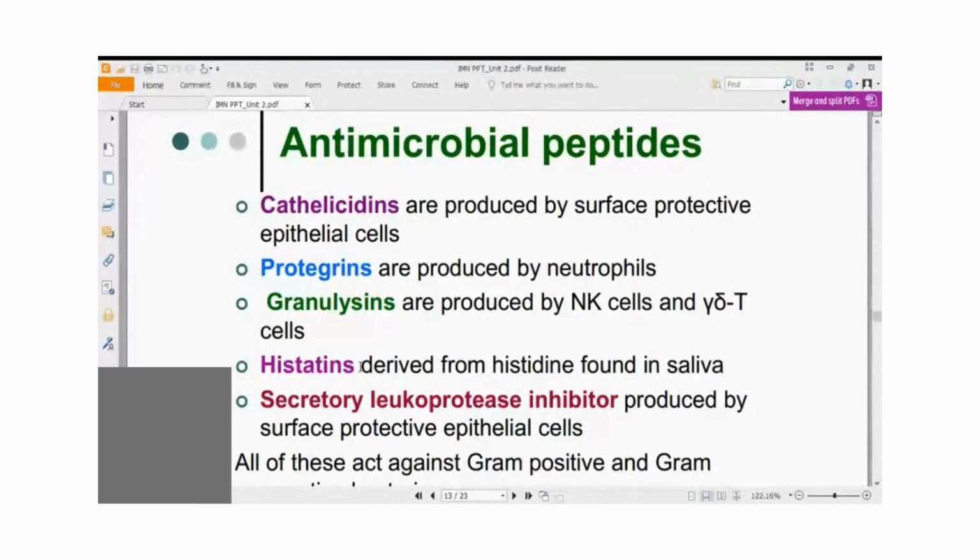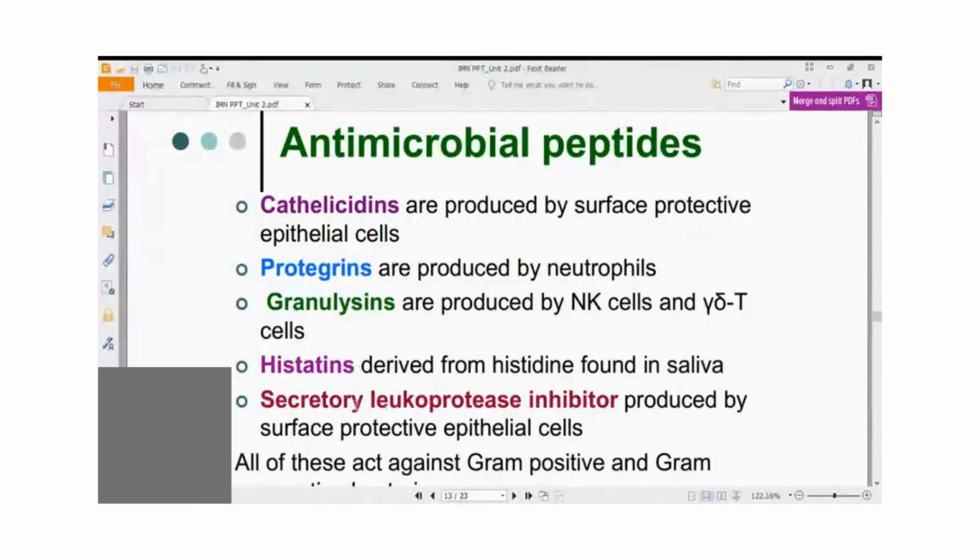Therefore, histatins secreted in the saliva, together with salivary lytic enzymes, plus the resident flora of the mouth, which produces peroxidase, all protect your oral surface, that is, the mouth region, the buccal cavity.